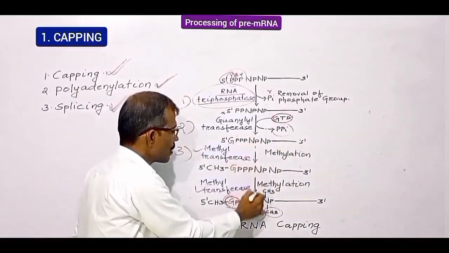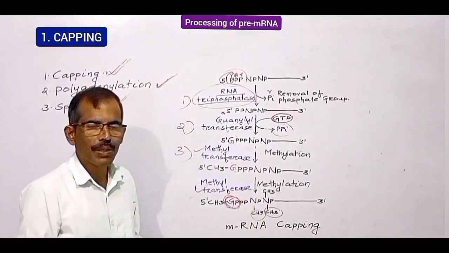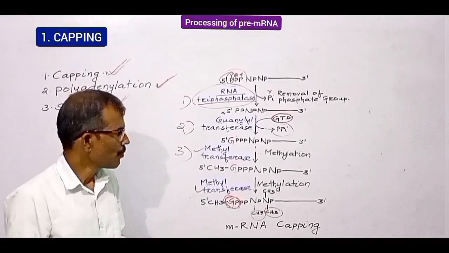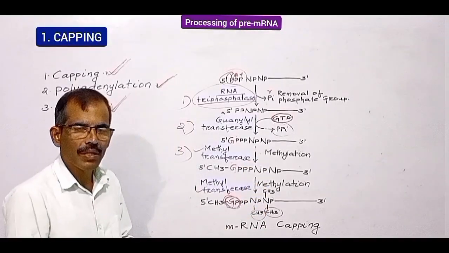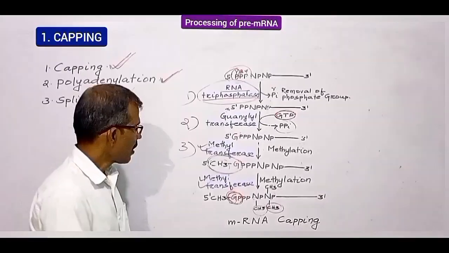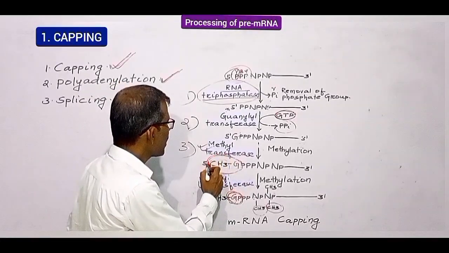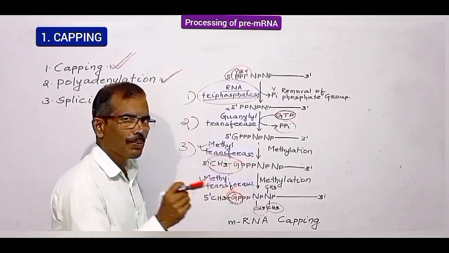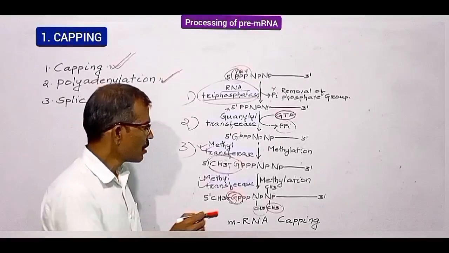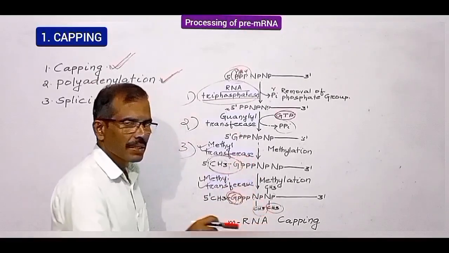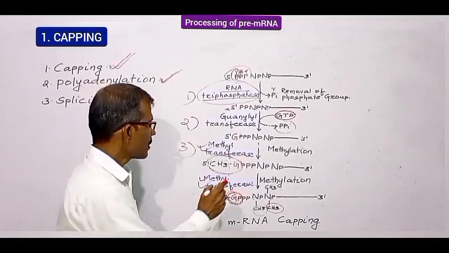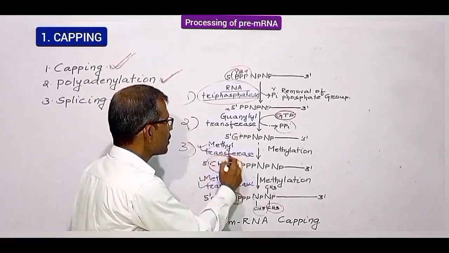The next step is methylation, in which methyl groups are added. These steps are catalyzed by the enzyme methyltransferase. The first methyl group is added to the 7th position of the base of the terminal guanine nucleotide, thereby making 7-methylguanine.